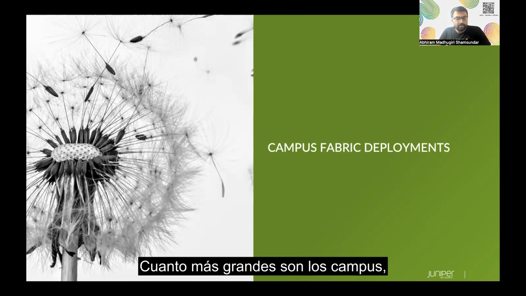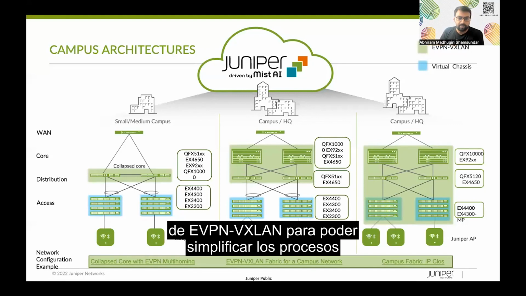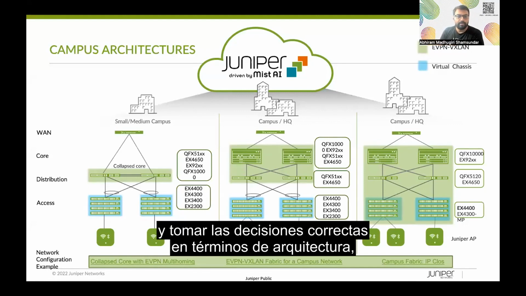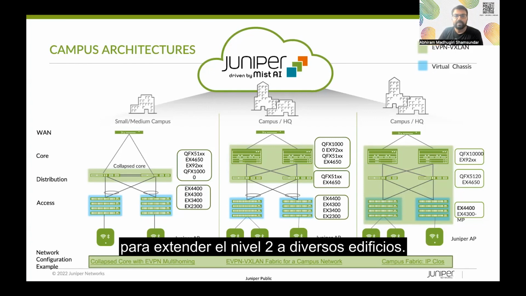Now, the larger the campuses, the more the advent of the technology of EVPN and VXLAN in order to make life simpler, in order to make the right architectural choice for large campuses going forward, especially given the IoT presence and requests for L2 to be stretched across multitudes of buildings.